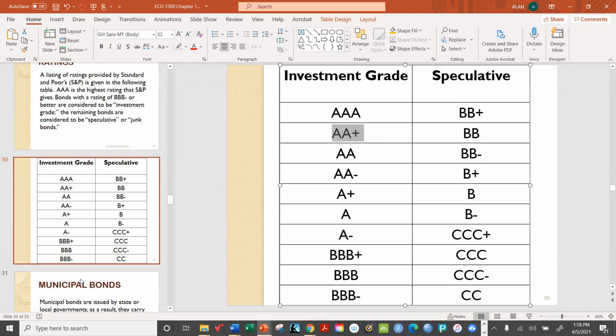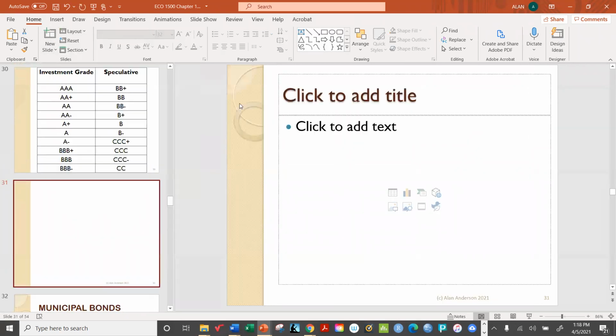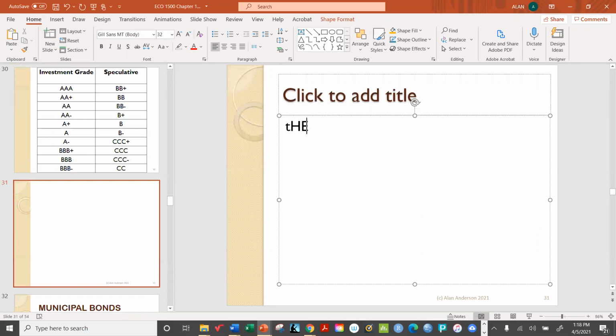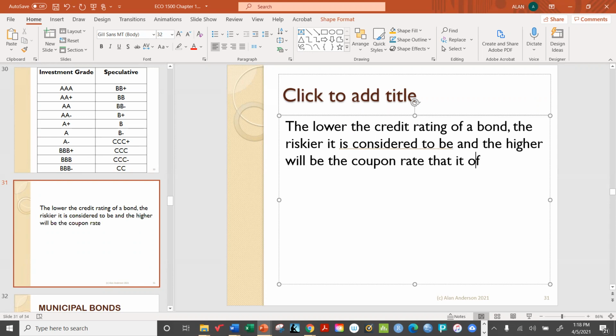Specifically, I'll just make a note down here: the lower the credit rating of a bond, the riskier it is considered to be, and the higher will be the coupon rate that it offers, because otherwise investors won't buy it.